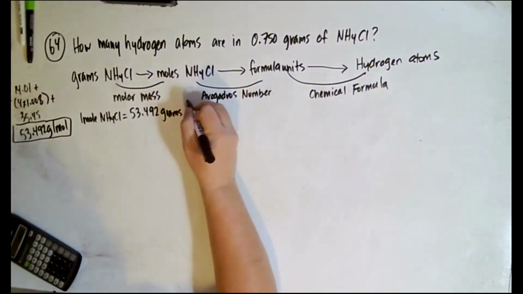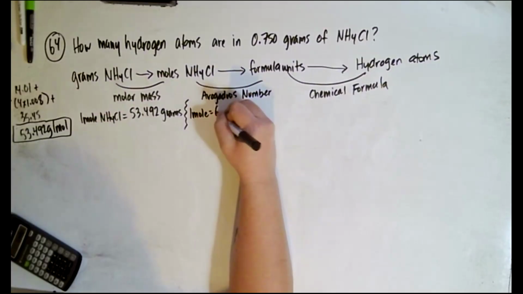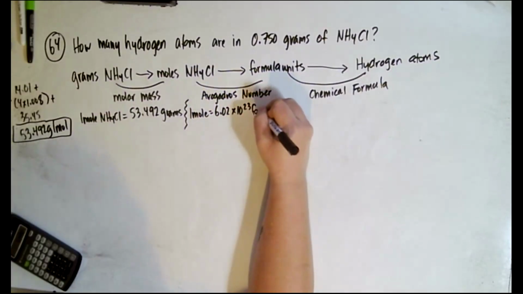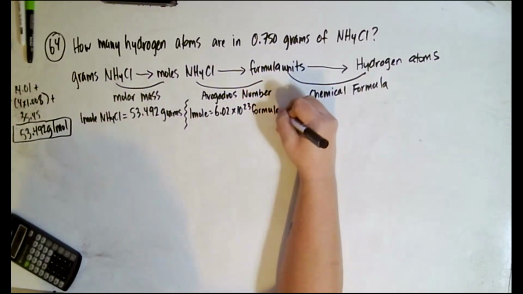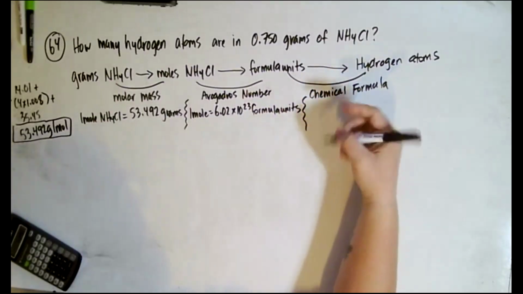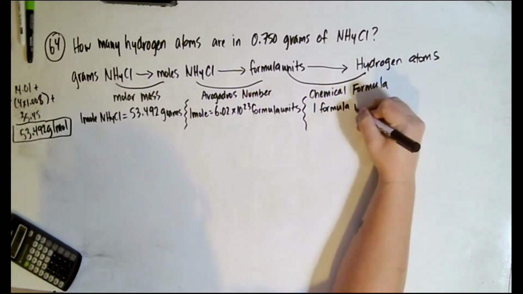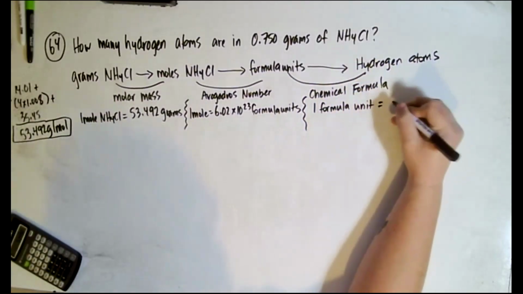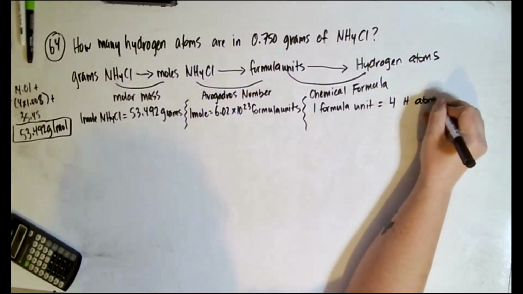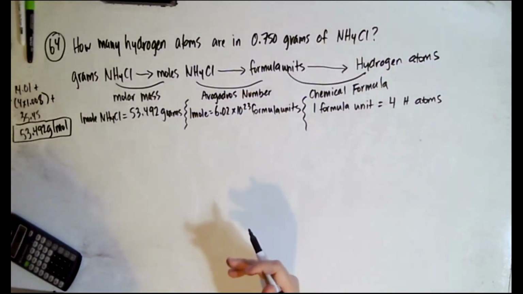From Avogadro's number, we know that every 1 mole is going to be 6.02 times 10 to the 23 formula units. And we know from the chemical formula that every 1 formula unit of NH4Cl contains 4 hydrogen atoms. And that sort of sets up the calculations that we'll need to do.